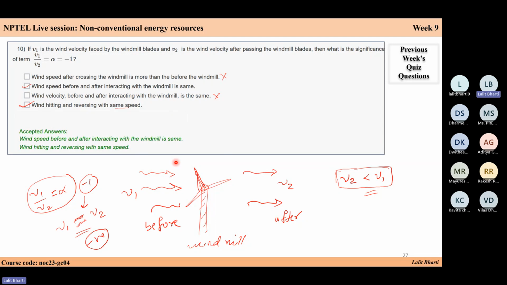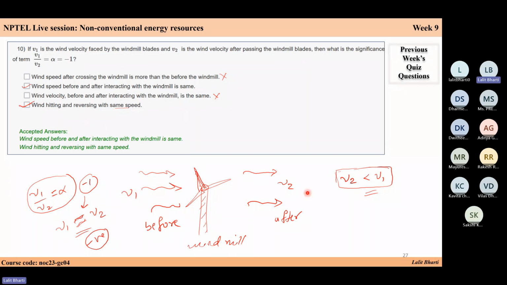So options 2 and 4 are correct in this case because V1 is equal to V2. Reversing at the same speed means you have the same speed, but your sign is negative.